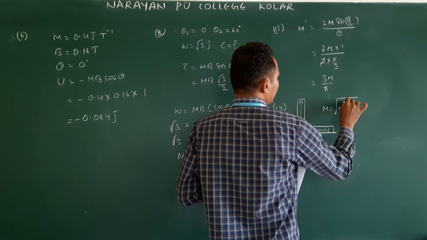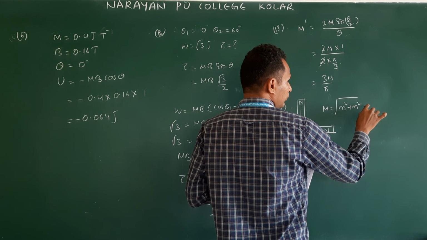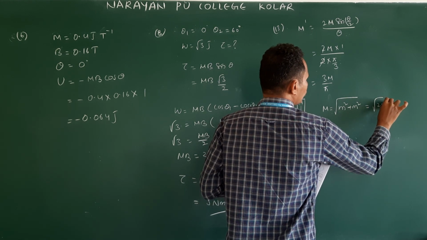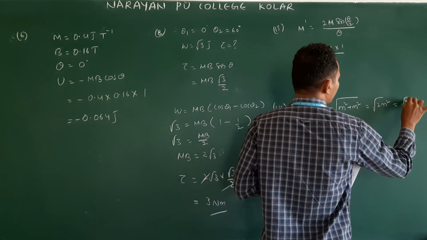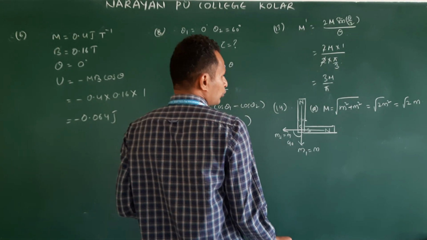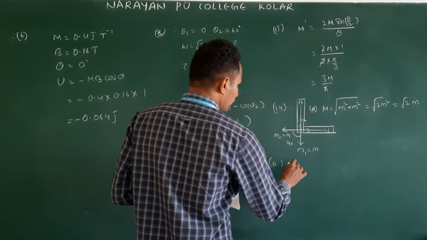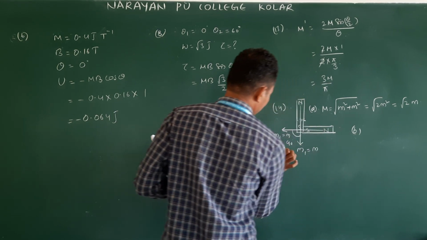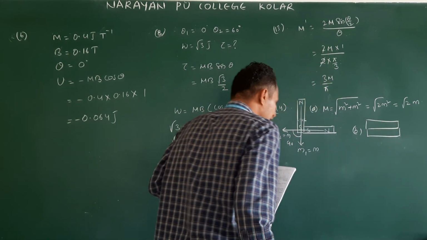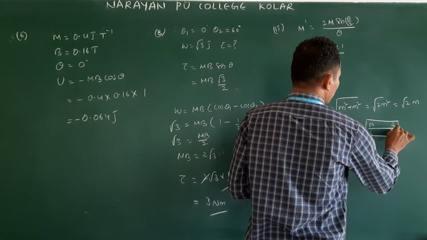If it is 90 degrees, the net magnetic moment is under root of M square plus M square plus 2MM cos 90, which is 0. This is root 2 M square, so root 2 M. That is option A. Next, come to B. They place the magnets like this: north, south, north.